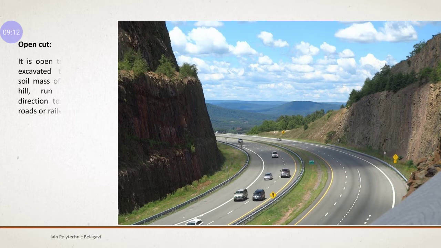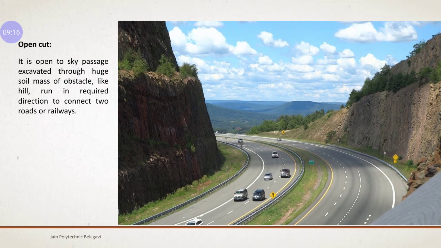So what is open cut? It is an open-to-the-sky passage excavated through the huge soil mass of obstacles. As I said, a huge quantity of mass has been excavated because it is a mountain. When you start excavating, it is full of mass of soil. So you have to excavate because we are going through the mountain, not just cutting the side of it.